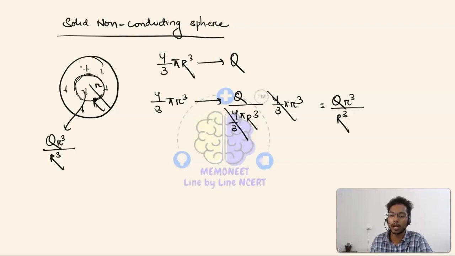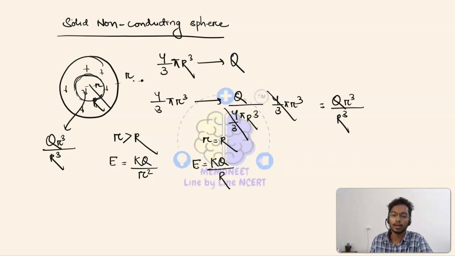Now let's write the electric field at different positions. For r greater than capital R, let's say the small r is here, we have the electric field equal to kq upon r square. For r equals capital R, we have E equals kq upon R square.